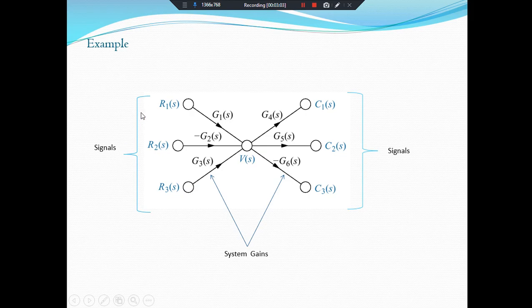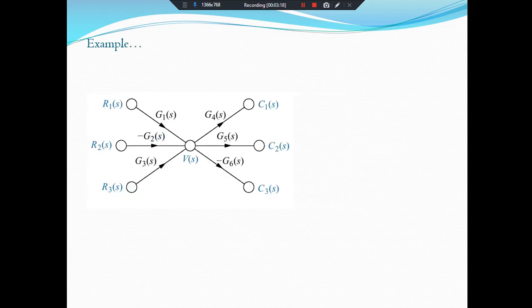As I told you, these are the input signals, and these are the output signals, and these are the system gains or transfer functions of the subsystems, or the gain of the subsystem, or whatever you like to say. Okay, we will solve this example and write the outputs at C1, C2 and C3.